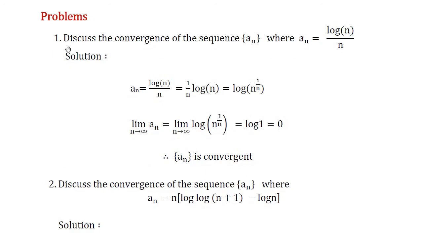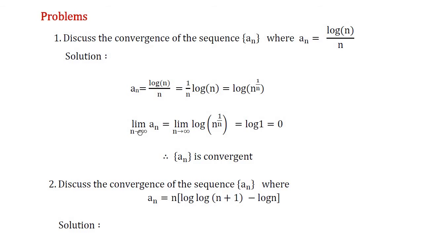First one, discuss the convergence of the sequence an where an is equal to log n divided by n. So consider an and simplify first, then we apply the limit. That is, an is equal to log n divided by n, that can be written as 1 by n into log n, that is equal to log of n power 1 by n. By using the property of logarithms, take this 1 by n to power.